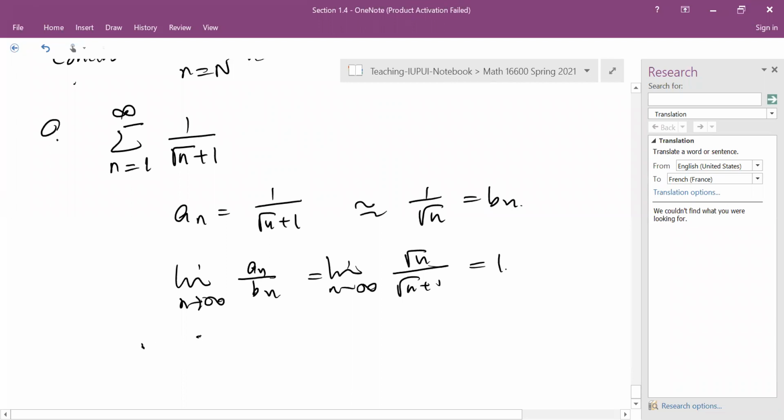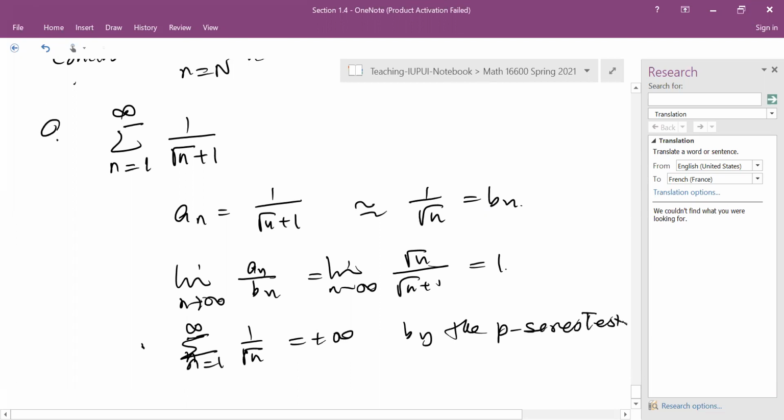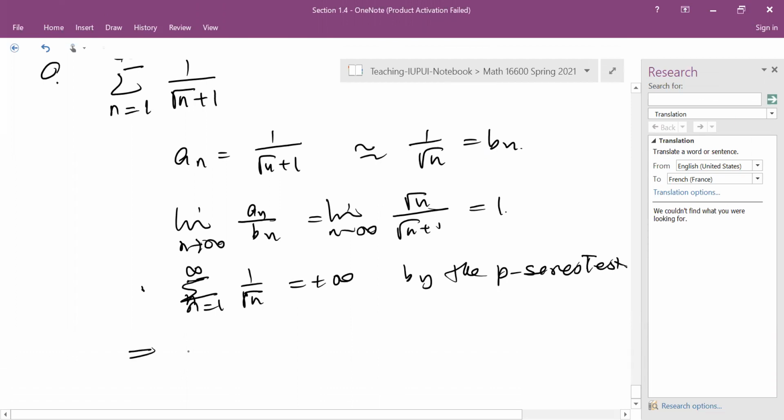We know that this is divergent by the p-series test, so this implies this one is also divergent.